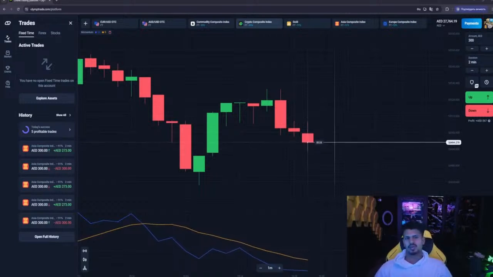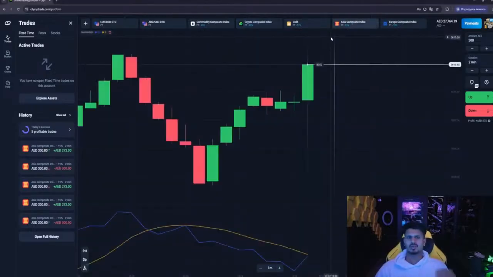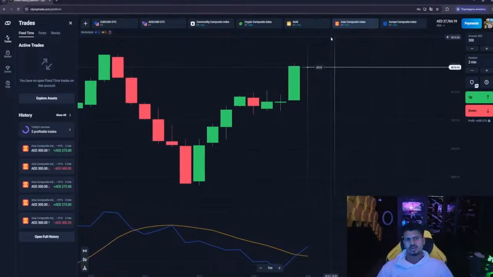So guys, can we make one trade in the downside or not? The SA Composite Index is giving the highest percentage rate for profitable trades today, so it's better to trade continuously in the upward direction.